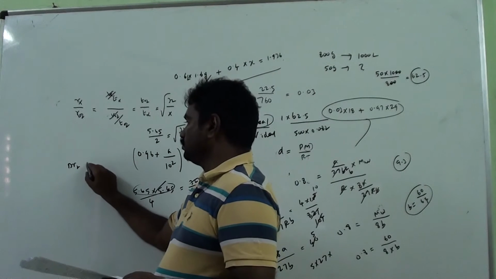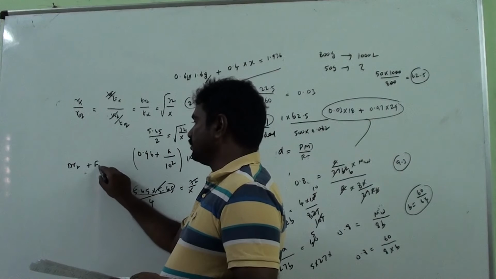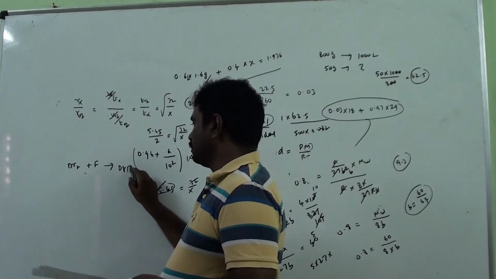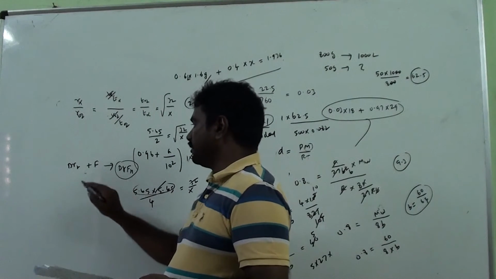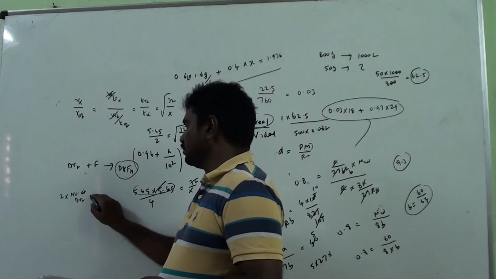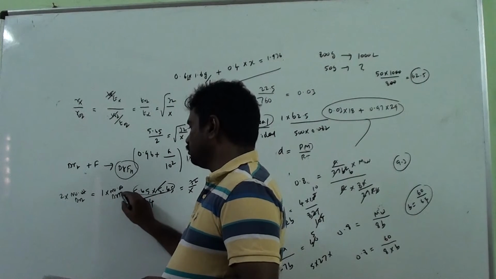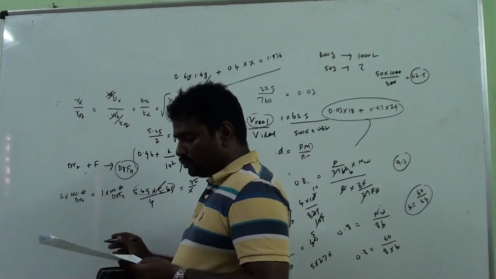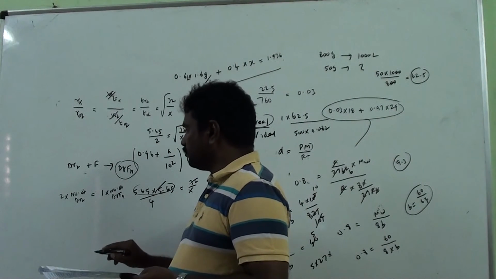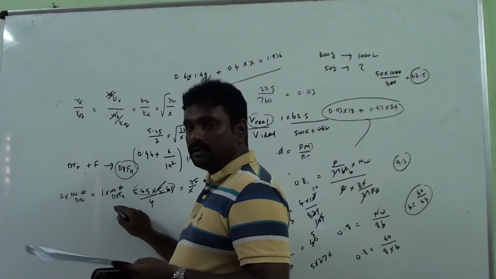So Br2 gives BrFn with excess F. We do not need F. So conserve bromine: 2 into number of moles of Br2 equals 1 into number of moles of BrFn. From this you can find the number of moles of BrFn.